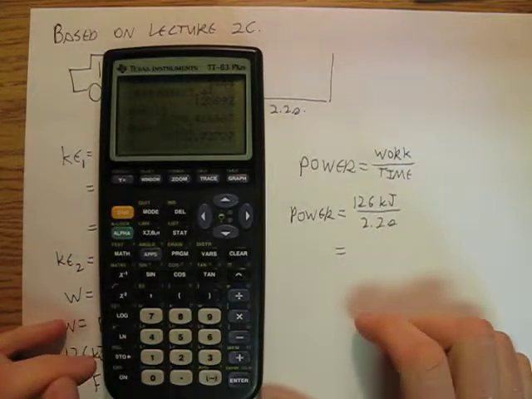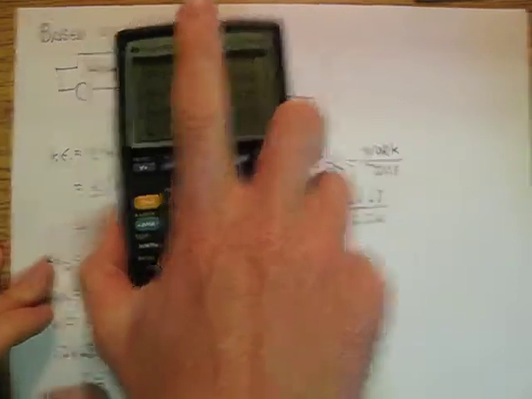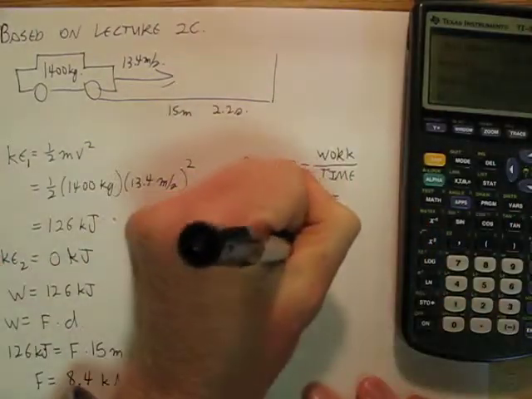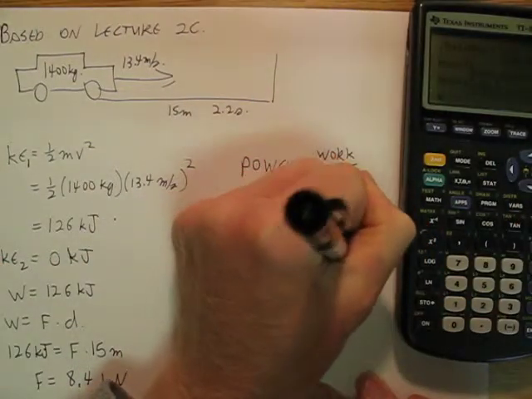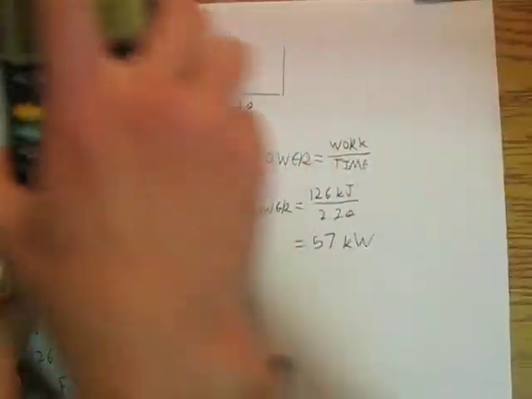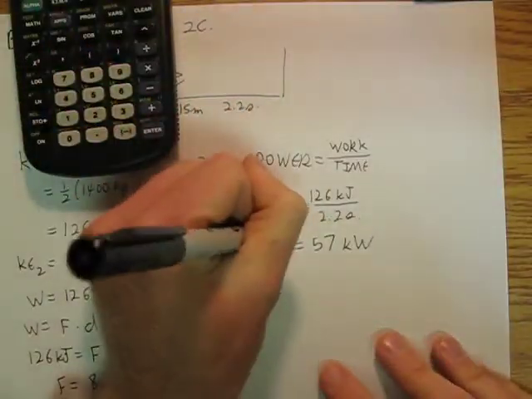So I get 57 kilowatts. I just throw in a bunch of kilos in there because I don't want to write all the zeros, and that's what it's there for.